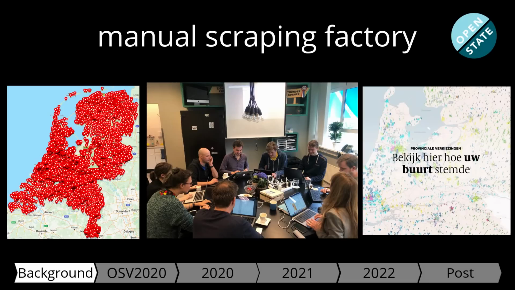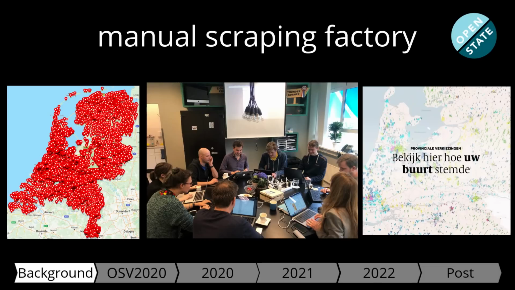So we gathered a team of at least 10 people, and a newspaper was also involved. We went to all these municipality sites and scraped all the election data before the election council published the total results. We scraped everything, we called every municipality that didn't put their info online. And we were able to publish the results faster than the election council.